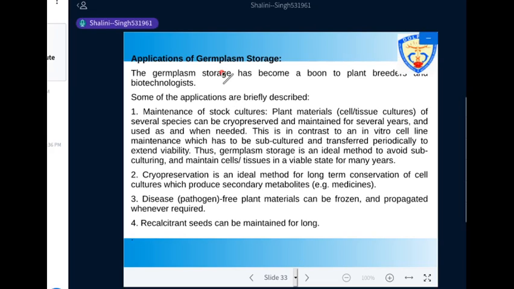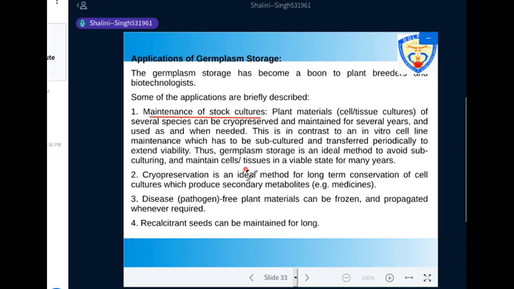Applications of germplasm storage are immense for plant breeders and biotechnologists. They are used for maintenance of stock cultures. Plant material of several species can be cryopreserved and maintained for several years, and it is used as and when needed. This is in contrast to in vitro cell line maintenance, which has to be subcultured.